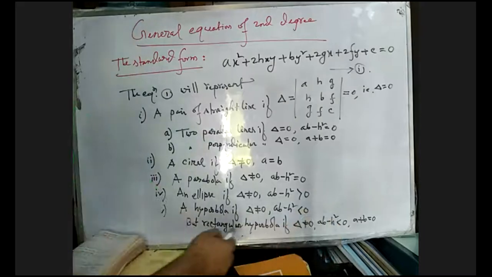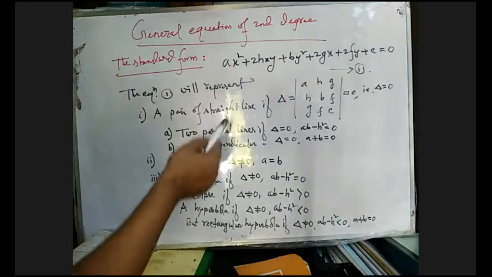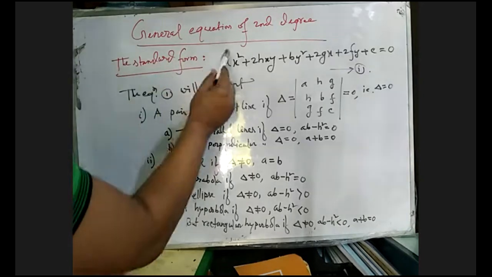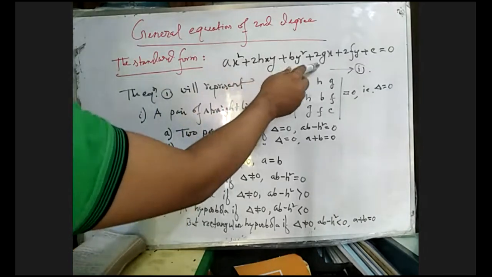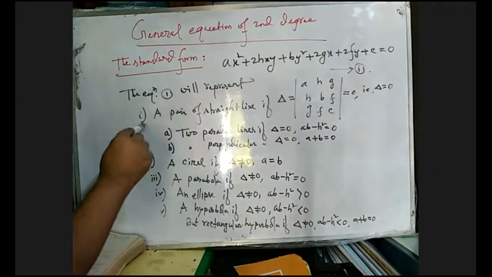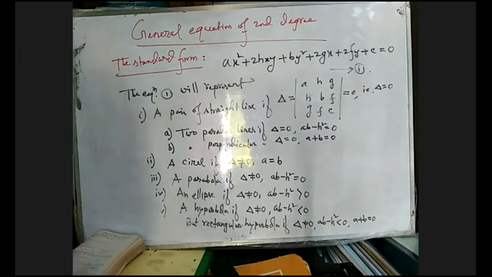Then we get a rectangular hyperbola. So these are the properties of the general equation of second degree, ax square plus 2hxy plus by square plus 2gx plus 2fy plus c equals 0. So five items are represented from this general equation of second degree.